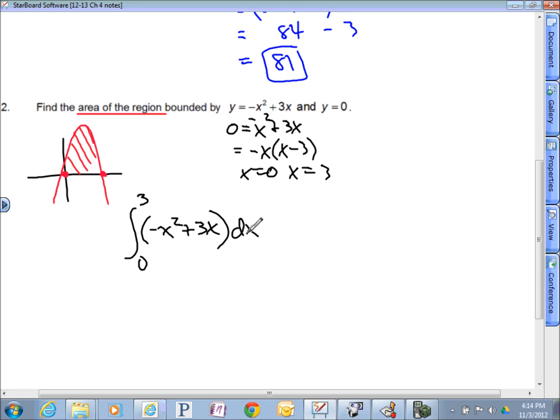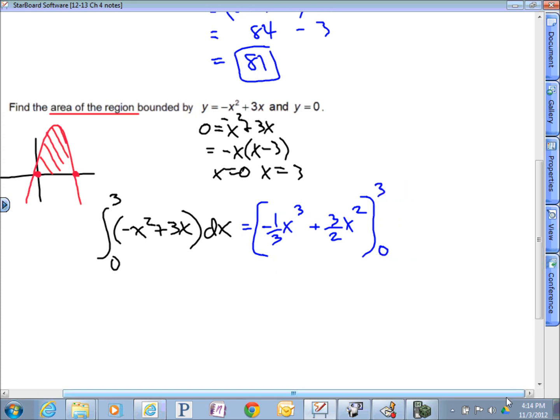Now apply your second fundamental theorem of calculus. Antiderivative of negative x squared: add 1 to the power, x cubed divided by the power, negative 1/3. 3x, add 1 to the power, x squared divided by the power, 3/2. Now into that, we're going to put 0 and 3. Which one do I put in first?